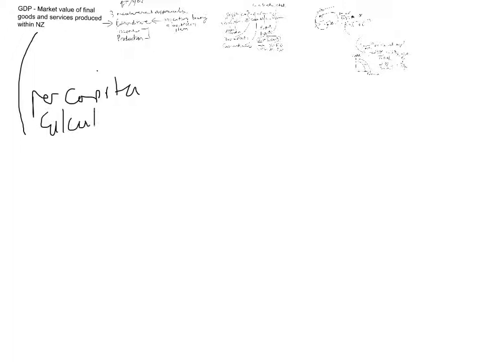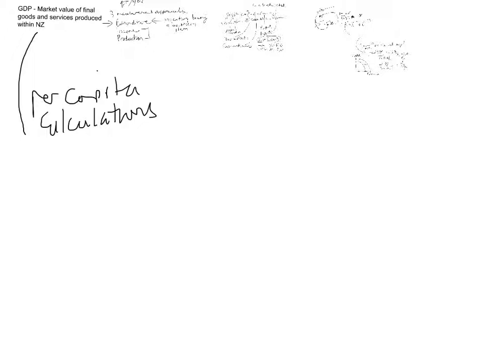There's more. Now what I want to do is get into the per capita calculations. So we're getting down into the use end of GDP, per capita calculations. Per capita just means per head of population.